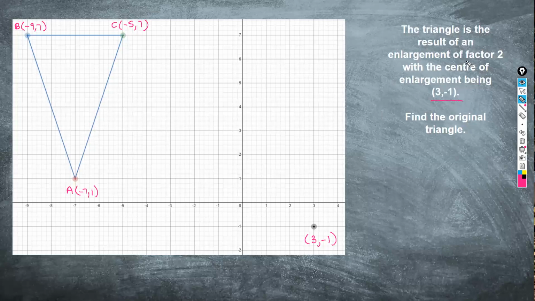The scale factor is 2. So here's what you're going to have to do. You're going to take one point at a time. Let's start with point A. You are going to connect point A to the center of enlargement. Take your ruler, connect A to the center of enlargement, and measure the length of that line.